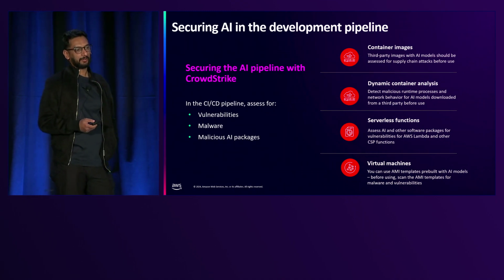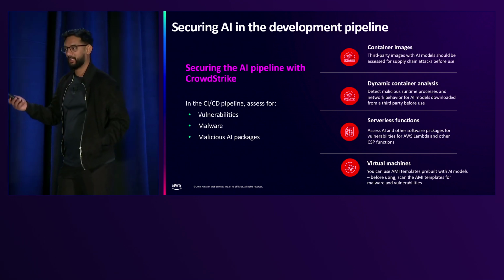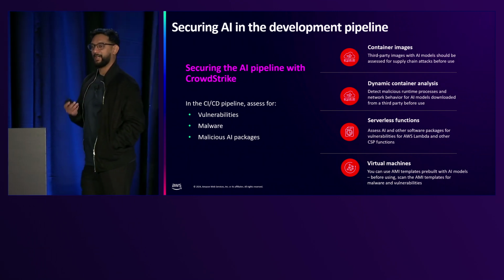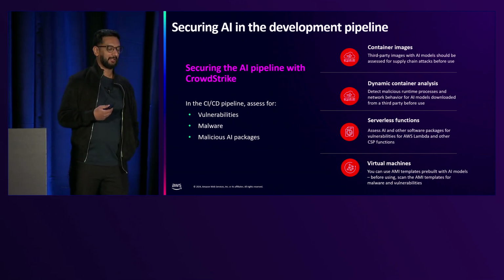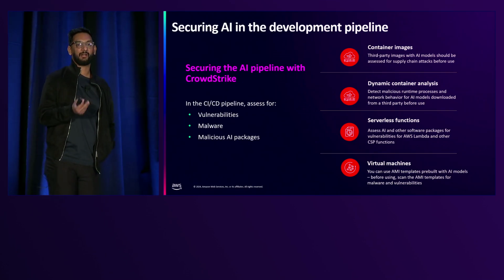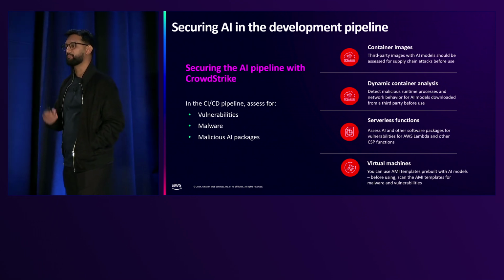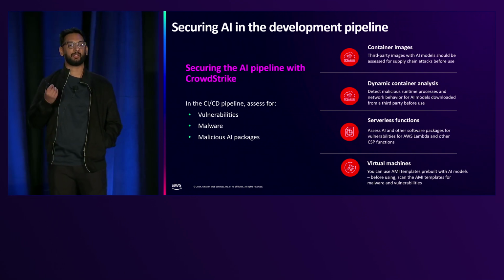So what can container image scanning do? Of course, it scans container images. Second thing is it does dynamic container analysis. What this means is we pull down the container and we let it run for some time. What it exposes is behavioral detections on the container.